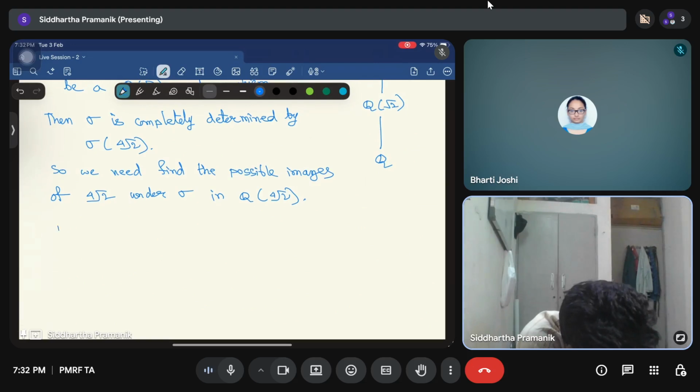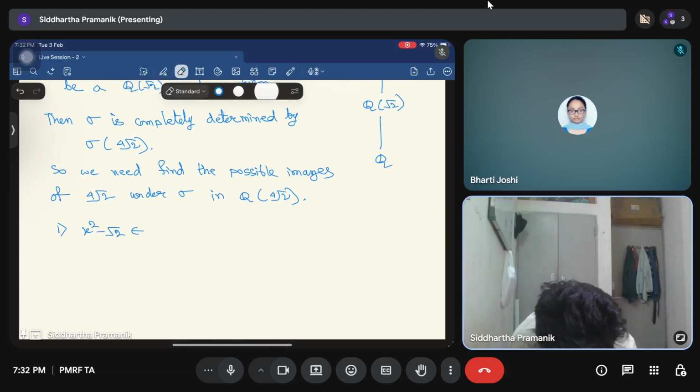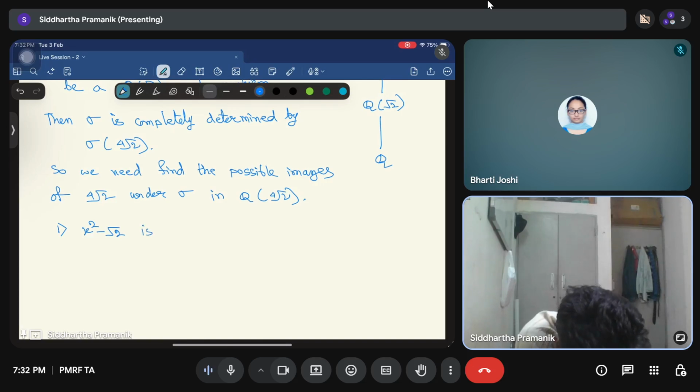I will just write it down. First thing is x squared minus root 2. This is the irreducible polynomial of the real fourth root of 2 over Q root 2.